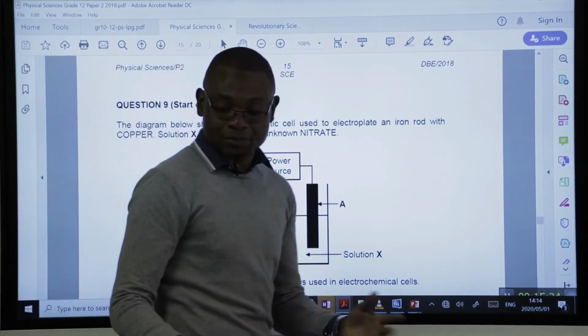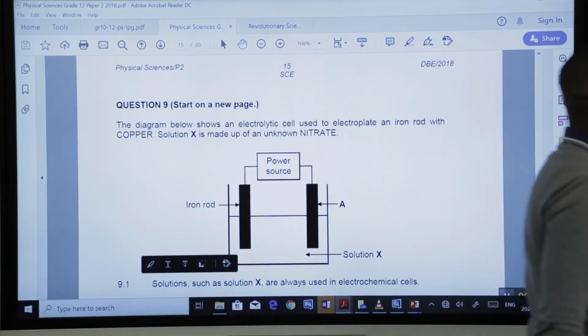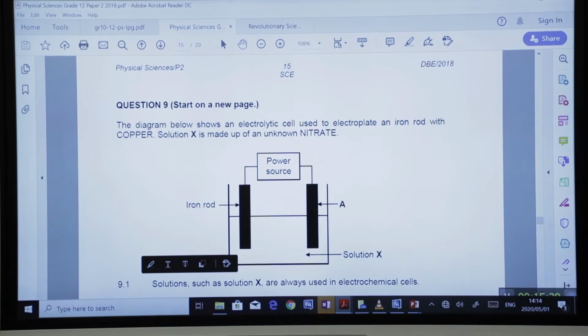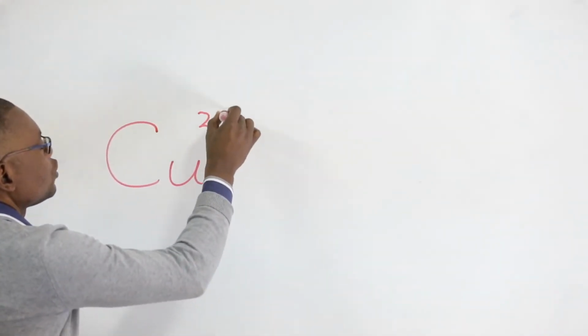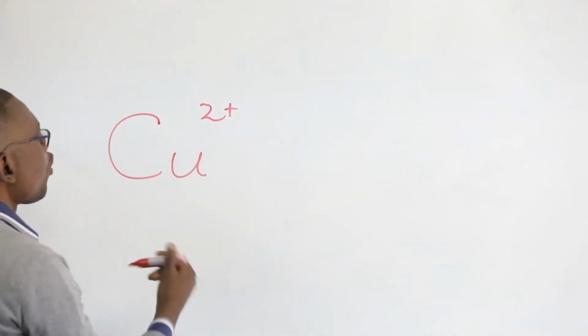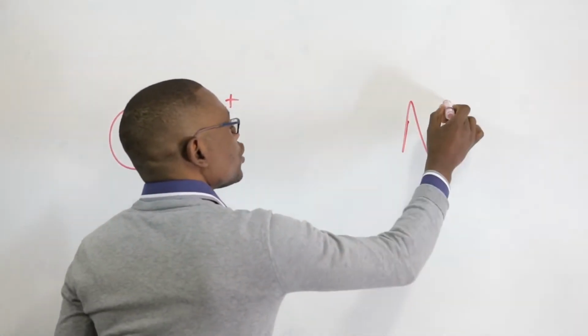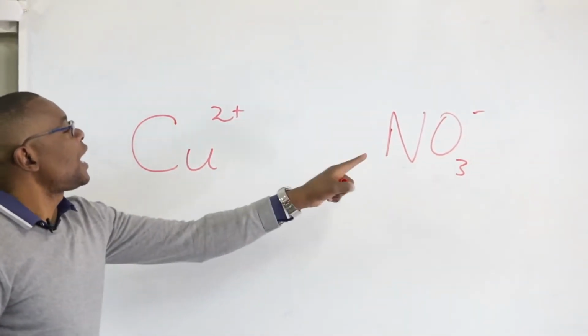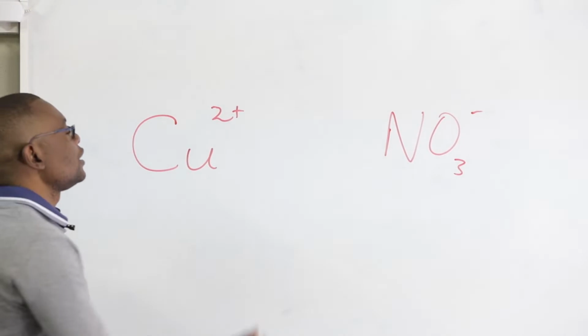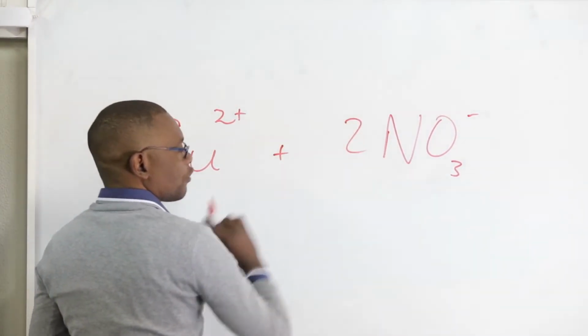So how do we represent that, boys and girls? We are saying copper, we know copper ions, they carry 2+ charge, while a nitrate ion carries a negative charge. So to balance up things here, it means we will need 2 of these.